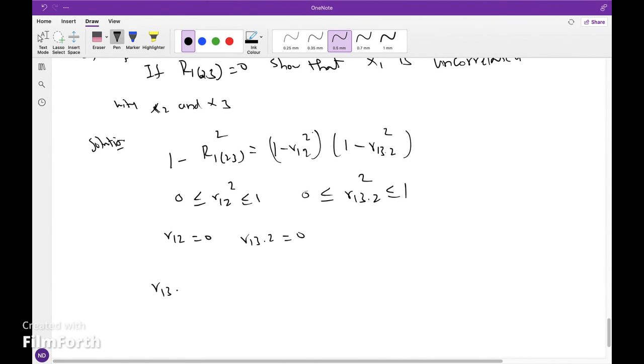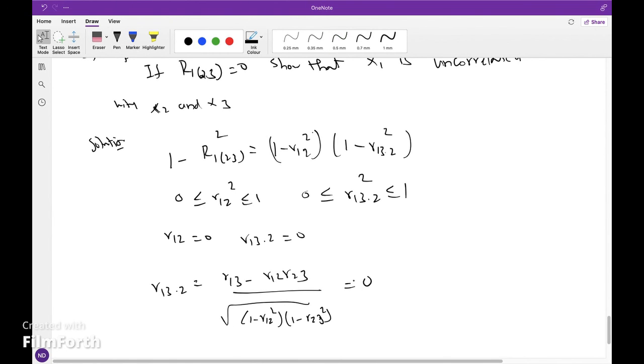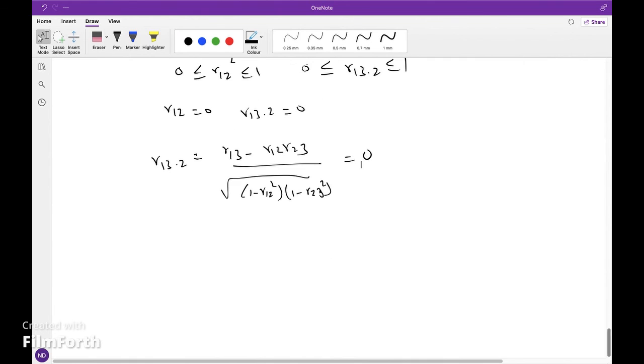So r13.2 is equal to (r13 minus r12 r23) divided by the square root of (1 minus r12 squared) into (1 minus r23 squared), that is equal to 0. Therefore r13 minus r12 r23 equals 0.